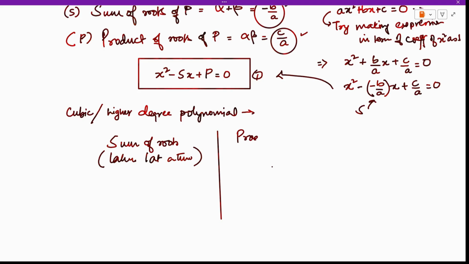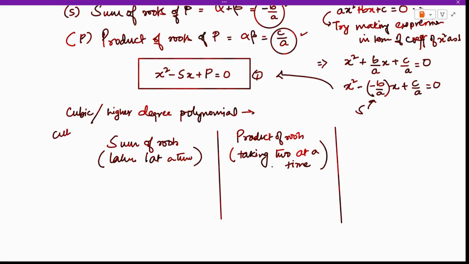Similarly, product of roots, but taking two at a time. And since I'm talking about cubic, which is a degree of 3, so 1 at a time, 2 at a time, and 3 at a time. These are the three possibilities.